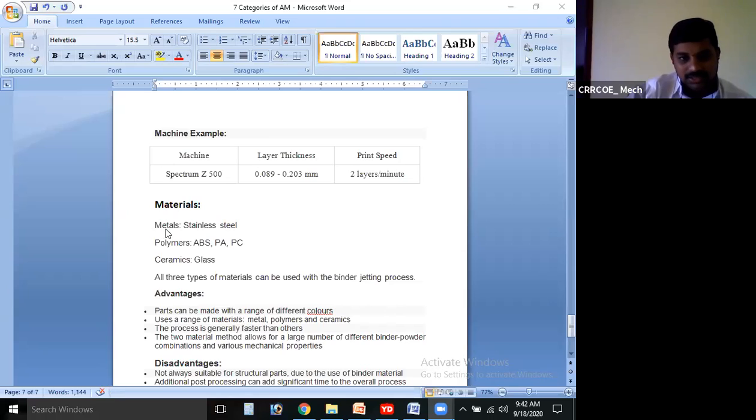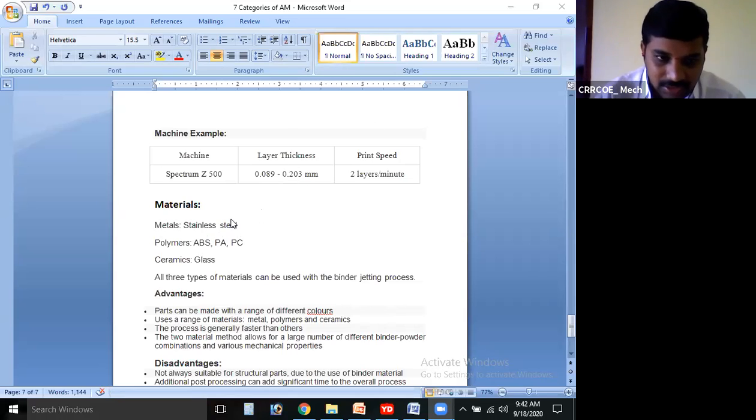Now the materials for binder jetting are metals, such as stainless steel, so we can produce metal parts. In the previous technique, material jetting, there were very limited materials, polymers and waxes, as we saw just now.